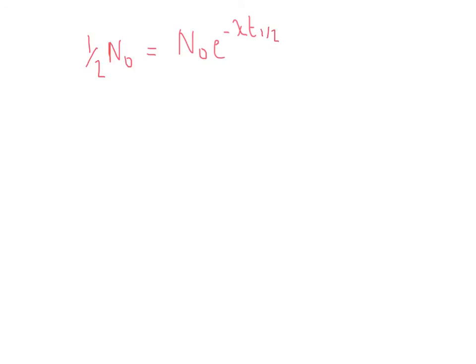I'm just going to scribble that in there. We can cancel out these N0s and we get left with: a half is equal to e to the minus decay constant times the half-life time.